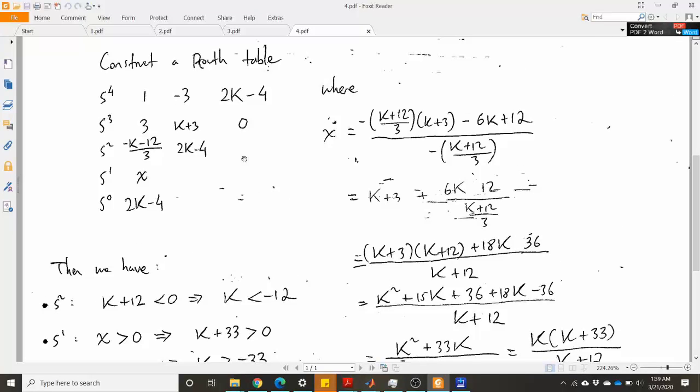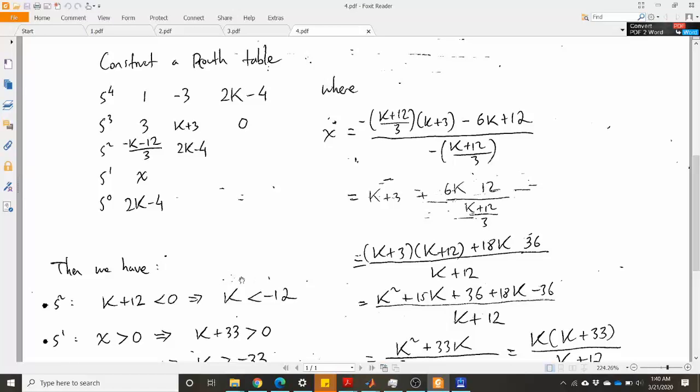Okay, again for stability we want to find k such that the first column is positive. So first, from this term next to s squared we need this to be positive, so k plus 12 must be negative, or k must be strictly less than negative 12.